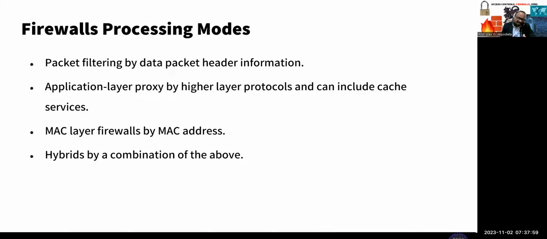So I can have firewalls that look at the packets, look at the data and inspect it, or I have application layer, which is at layer 7 of the OSI model, or the MAC layer firewalls that look at the MAC addresses, which are layer 2 of the OSI model, or you can have a combination of them.